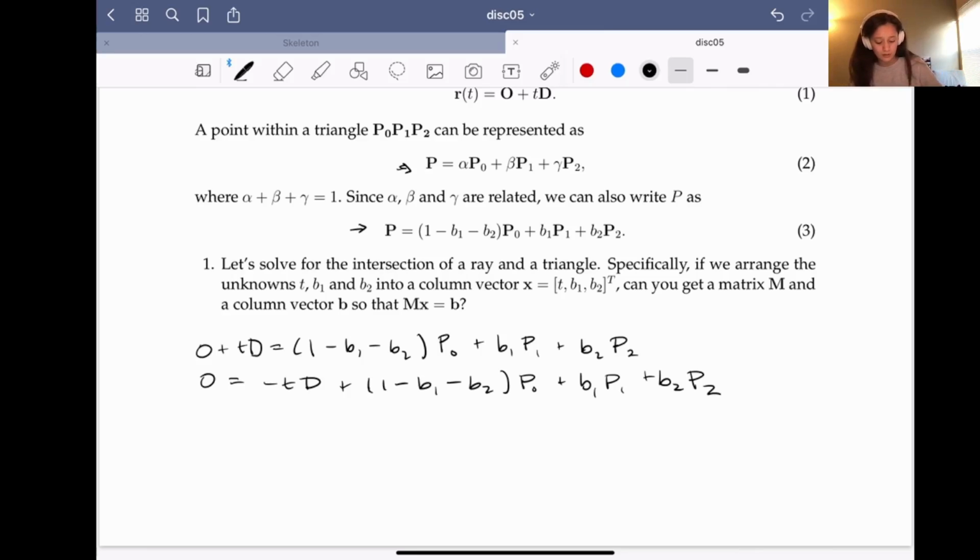Okay, and now we also want to kind of separate all of these coefficients here. So how do we do that? Well, let's first expand this. Okay, so we'll have minus td. So I'm just expanding this one part of the equation.